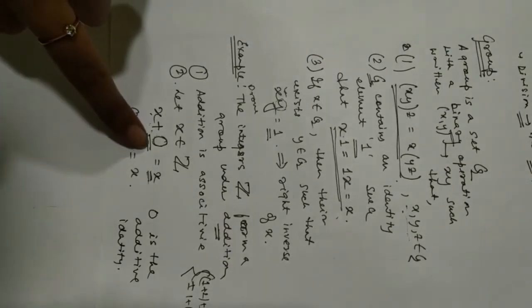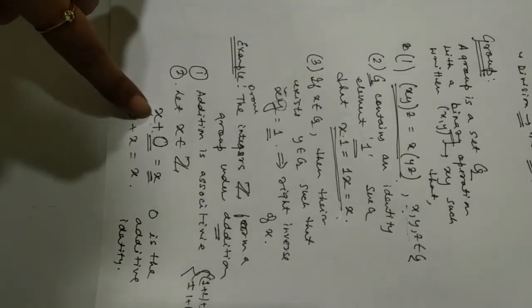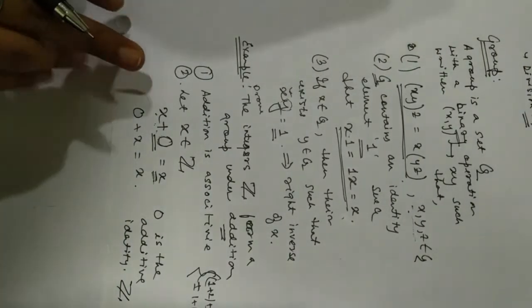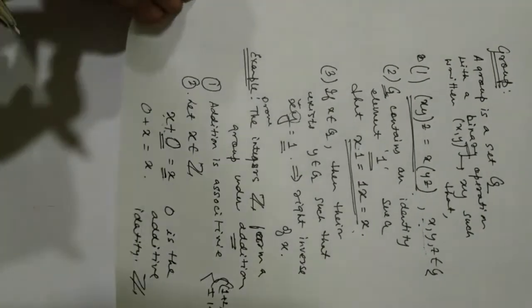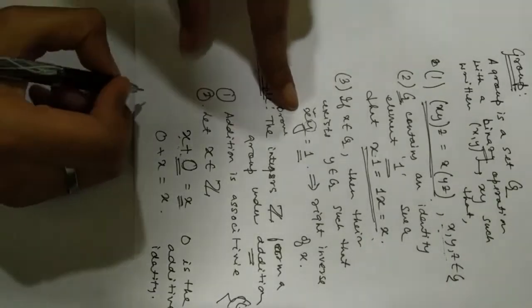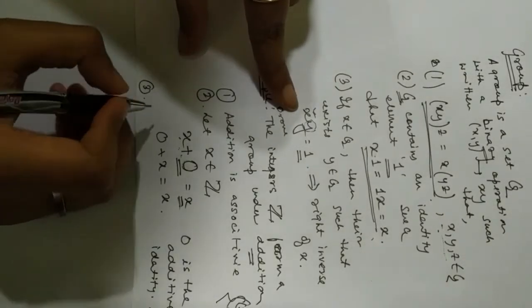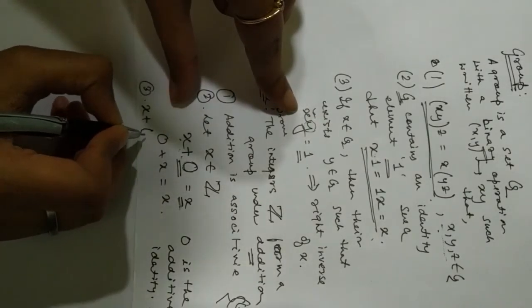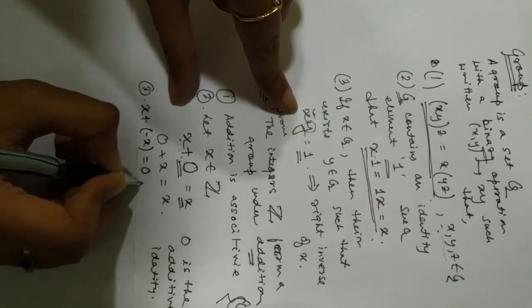That means I have to have an additive identity such that whenever the binary operation is performed between the identity and any element, we get back the original element, right? So 0 is the additive identity in case of integers Z. So the second axiom gets fulfilled. Now I have to see there exists an inverse. So the third is, for any x belonging to Z, x plus minus x gives me 0, right?